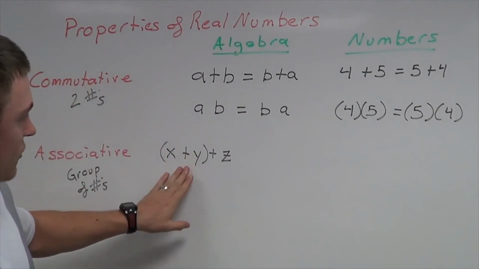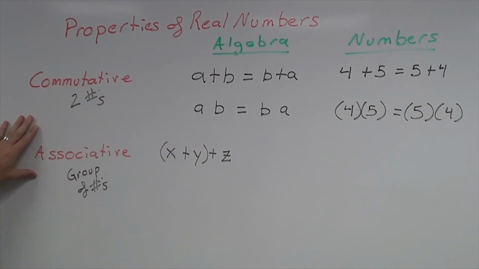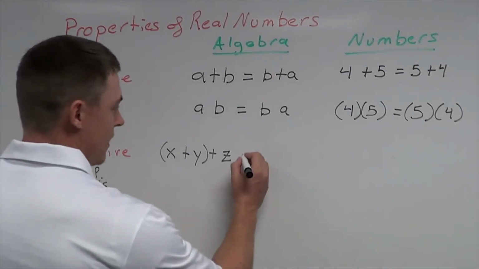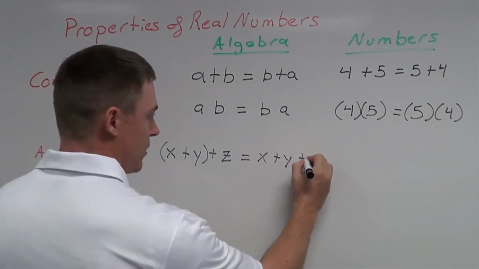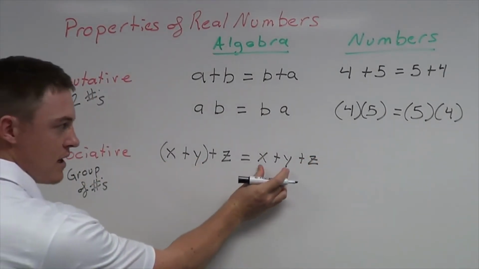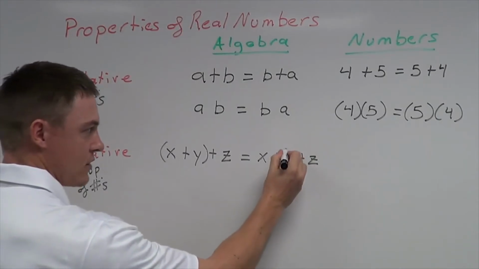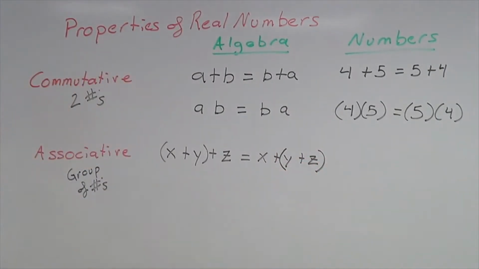Take X plus Y and then add Z. Associative property of addition tells me it doesn't matter what order I add these numbers in. So I can take X plus Y plus Z, but instead of adding the first two together, I'm going to add the last two together. I'm going to use parentheses here to denote to add the last two together first.